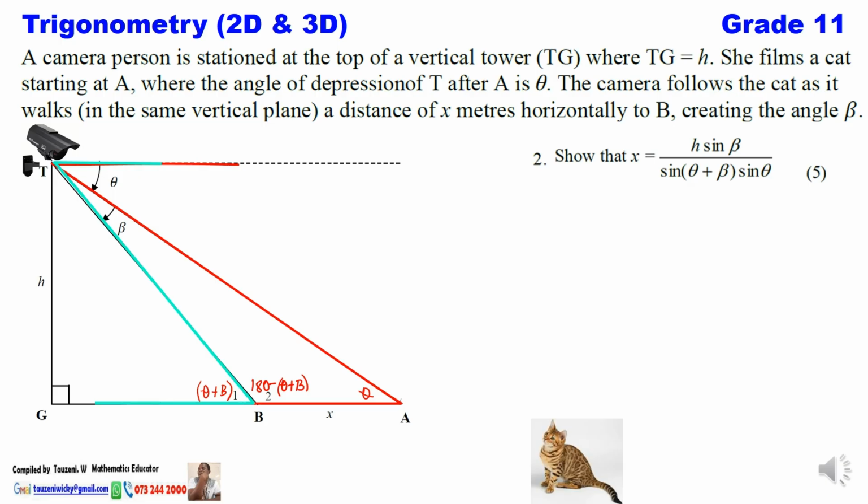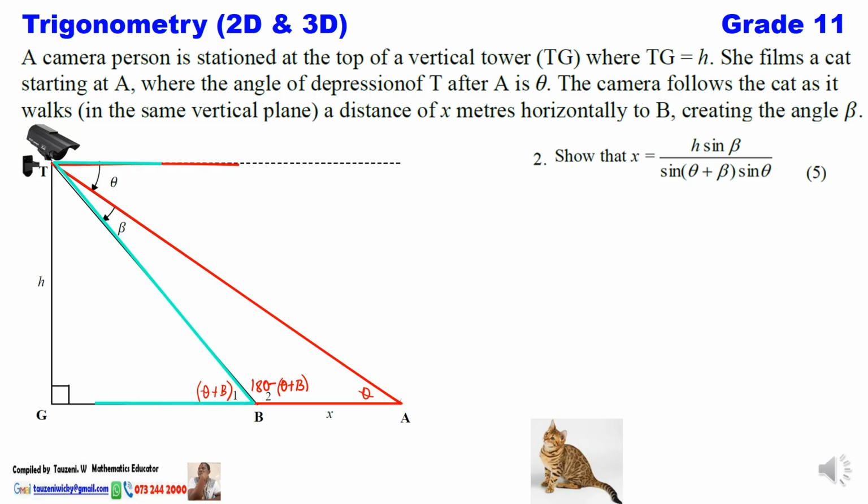For us to be able to do that, if you look at our triangle where BA is, in triangle TBA, we have all three angles in the triangle, and we have one side given, which we want to find, the side of BA. So we have three angles, and the sides are not given.